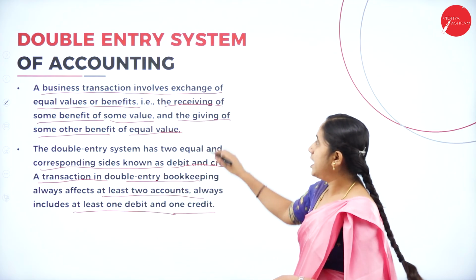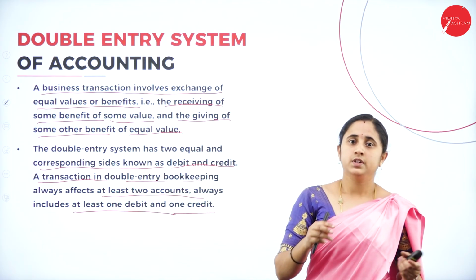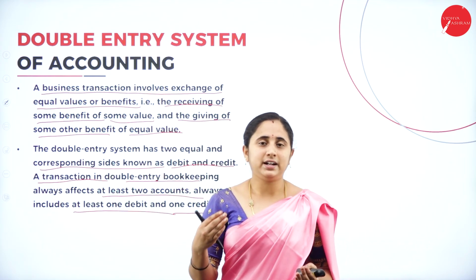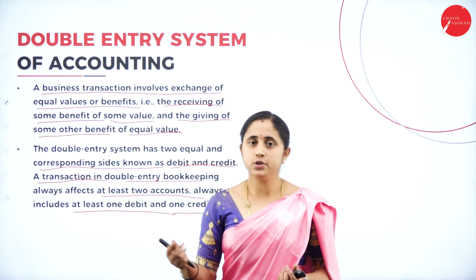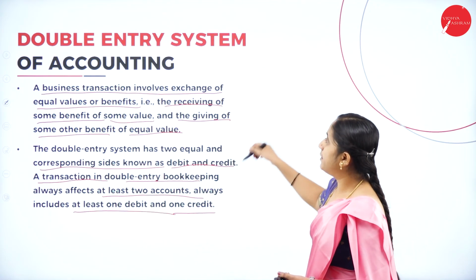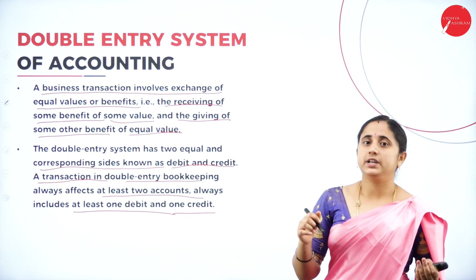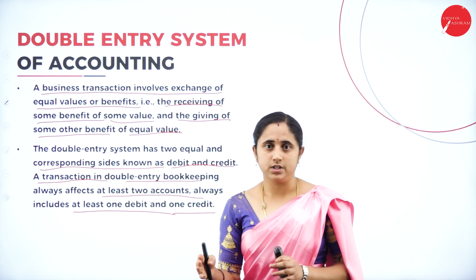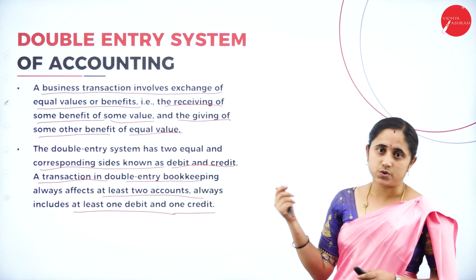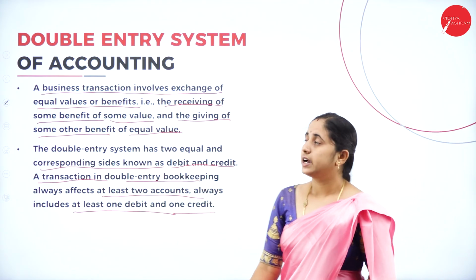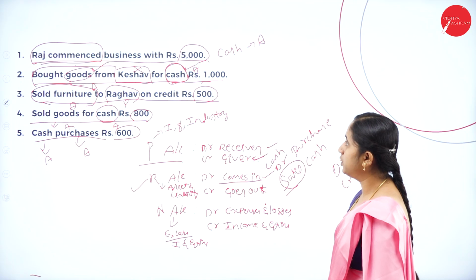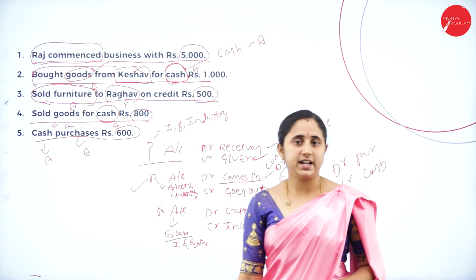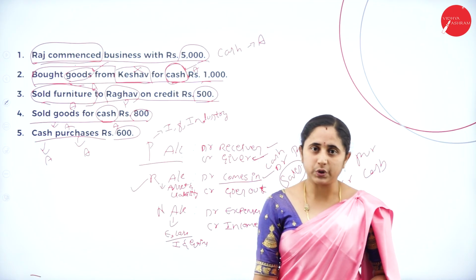So it helps in identifying errors. It acts as an error detection tool. The double entry system helps in recording a transaction for both accounts. It will affect both accounts. One is debit and one is credit. This is all about journals as well as the double entry system of bookkeeping.